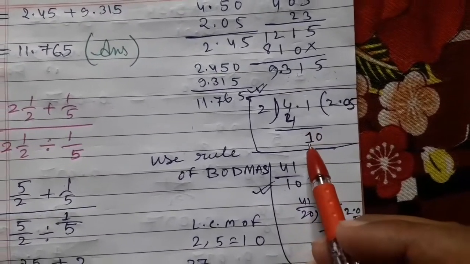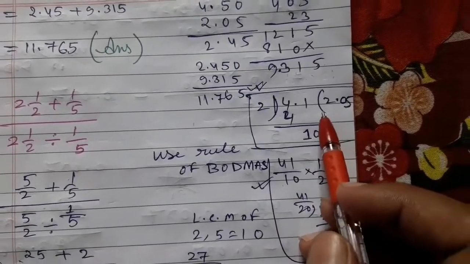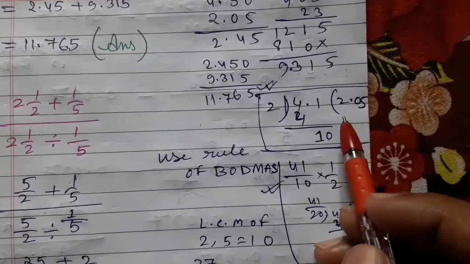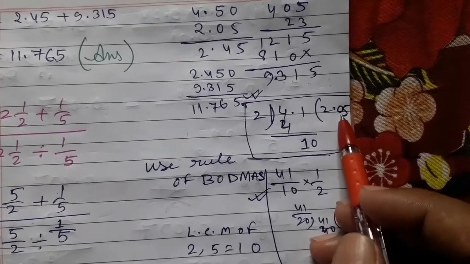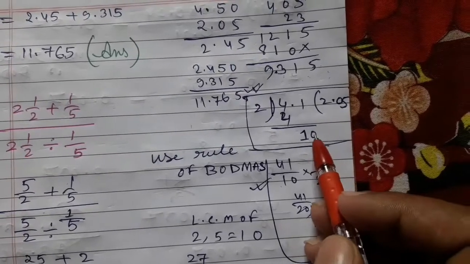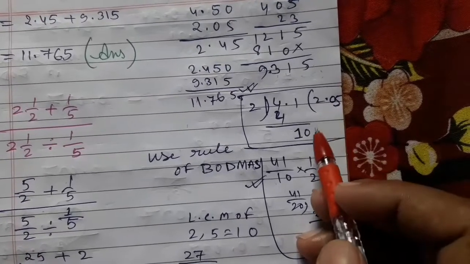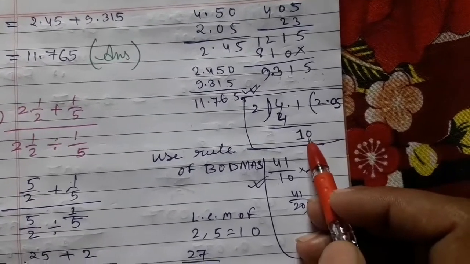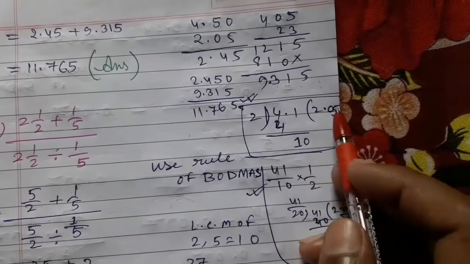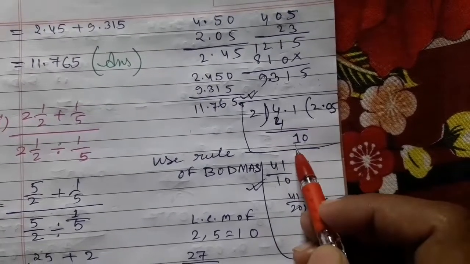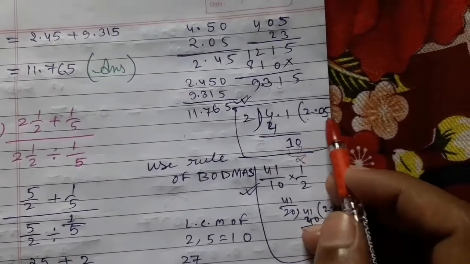We cannot divide 1 by 2 first, so we write a 0 after the decimal and put a 0. 5 into 10, 2.05.